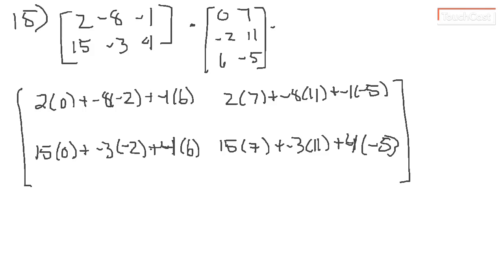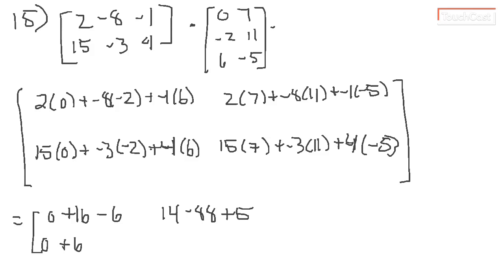Now we can do the multiplication. We're going to end up with 0 plus 16 minus 6, 14 minus 88 plus 5, and then we're going to have 0 plus 6 plus 24, and 105 minus 33 minus 20.